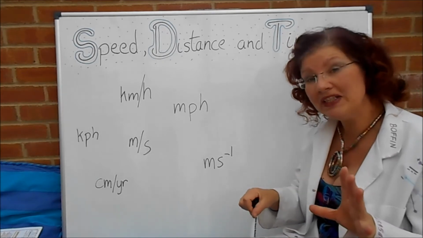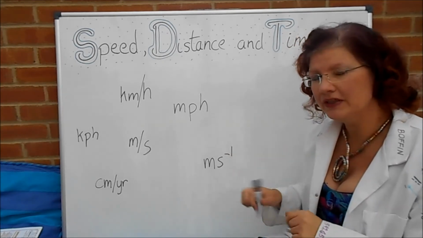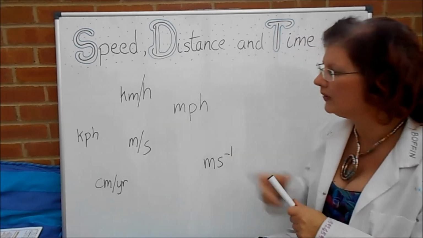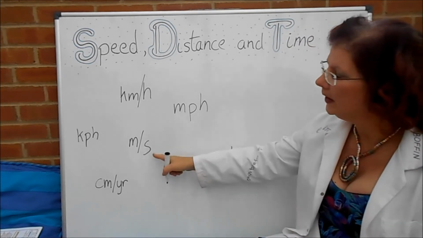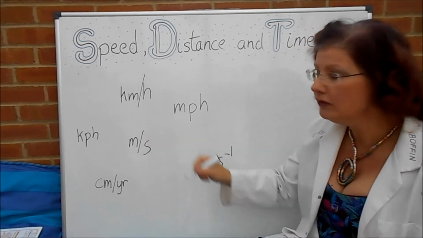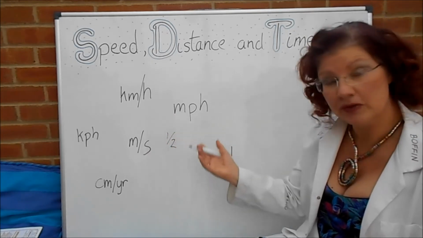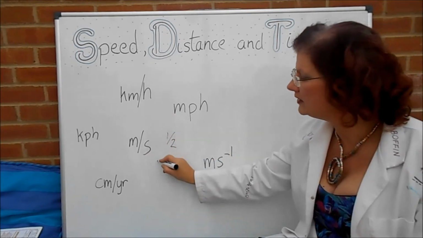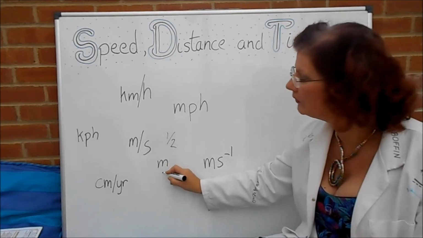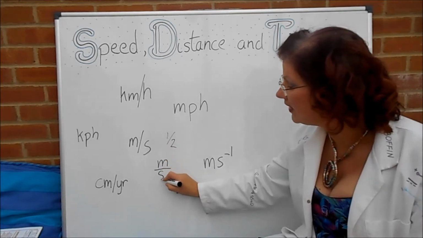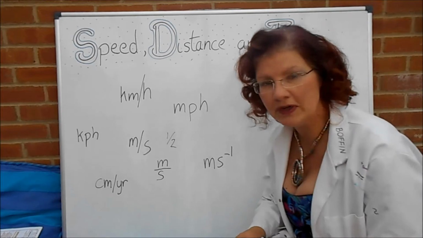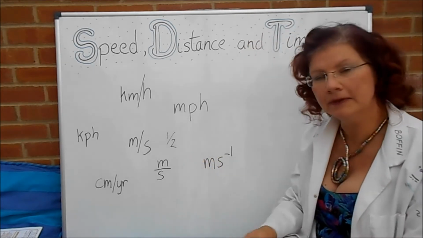Well, there are Batty Boffin maths videos that explain all about negative powers, but just as a little quick look through here, I'm just going to have a look at this one. Metres per second, that slash is part of a fraction, in the same way that we sometimes write a half like that. So that is actually metres on the top of the fraction and seconds on the bottom of a fraction, metres per second.